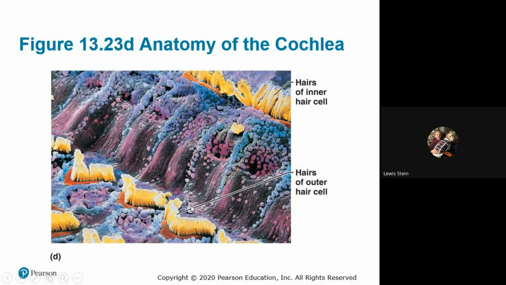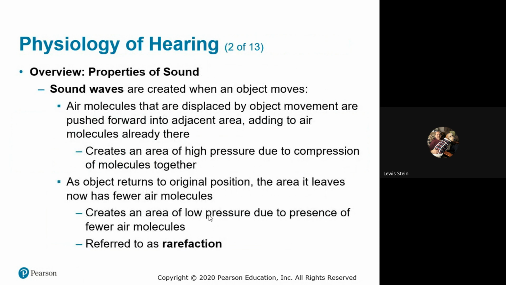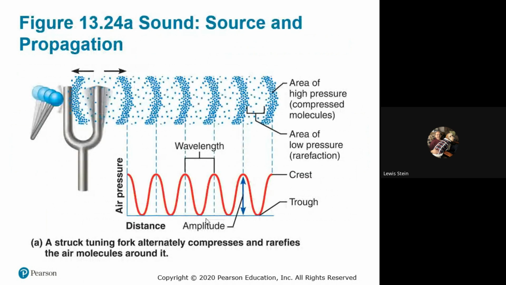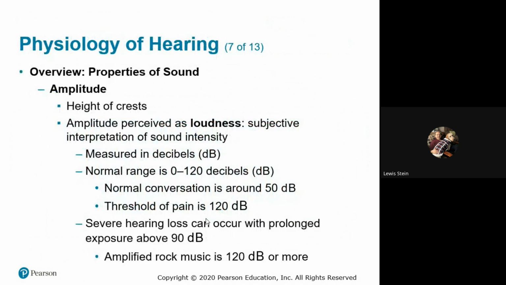That's what it looks like micrographically. So sound is really what happens. It travels relatively slowly, and it's a pressure disturbance, and we'll get into all of that and what they do. For now, there's not a whole lot else to say about this. Again, I think we deal with it more physiologically.